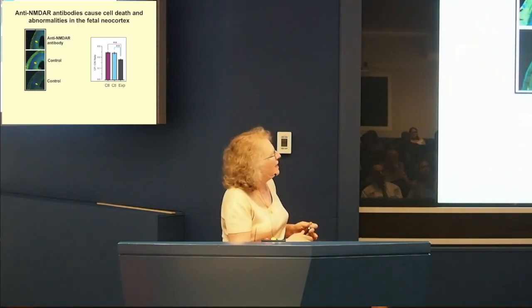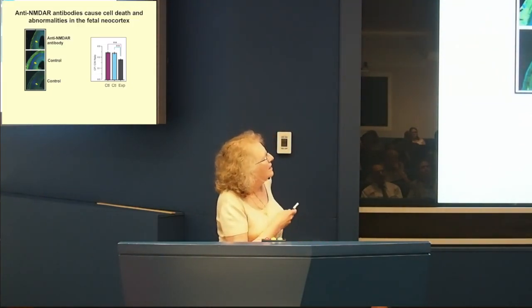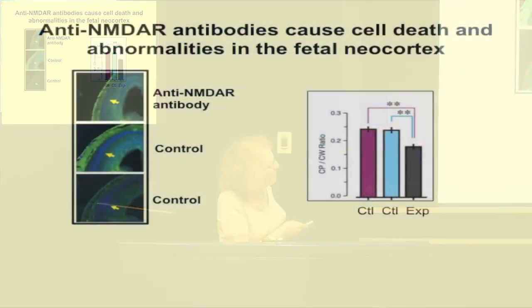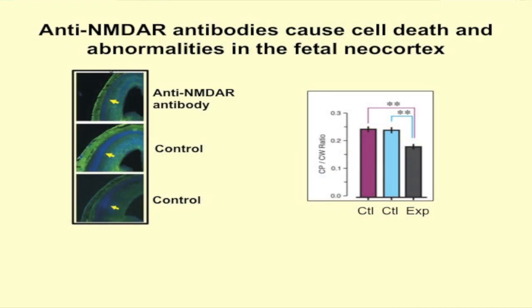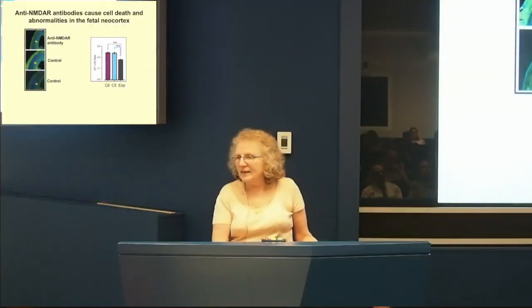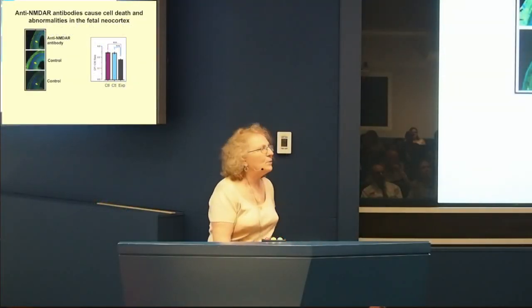And what you can see is that the fetal brains had a thinned cortical plate that's quantitated here, and 2 different control immunizations didn't cause any alteration in the thickness of the cortical plate.